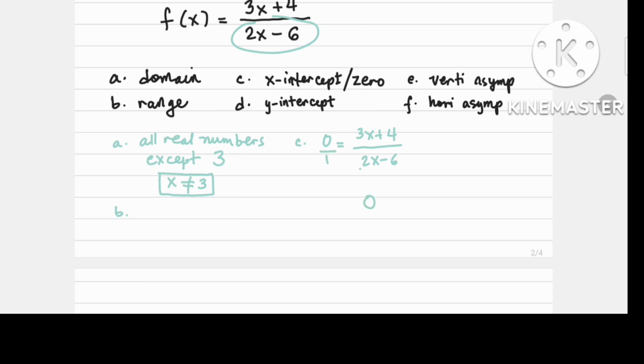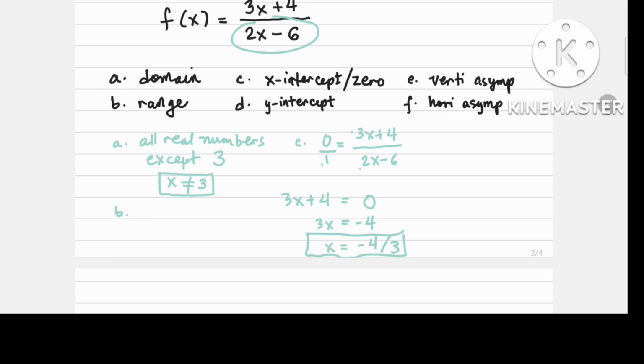While if I will affix 1 here, the product of these two is 3x plus 4. Did you notice something? If you notice that, then very good. Solving for x, we will obtain 3x is equal to negative 4. Dividing both sides by 3, x is equal to negative 4 over 3. This is now our x-intercept.